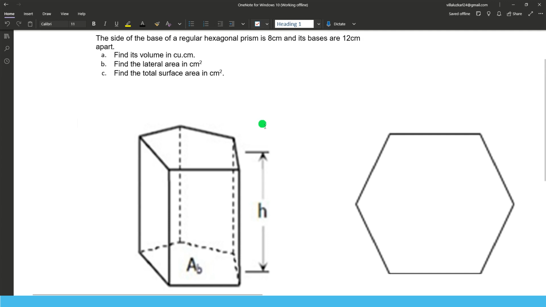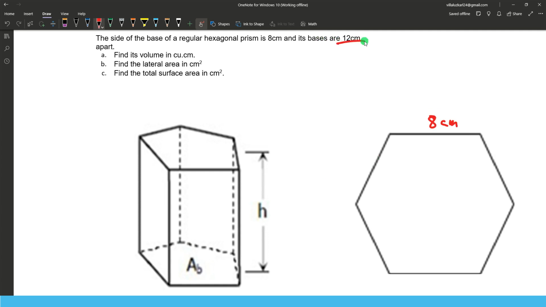Here's the figure. We have a hexagonal prism with a base side of 8 centimeters. This is the cross-sectional base, the hexagon base, with a side of 8 centimeters.